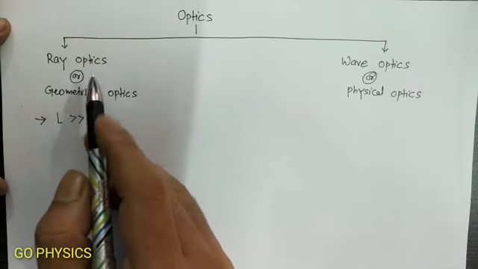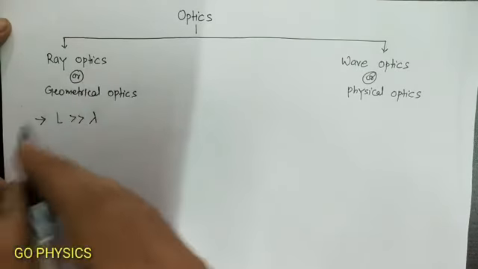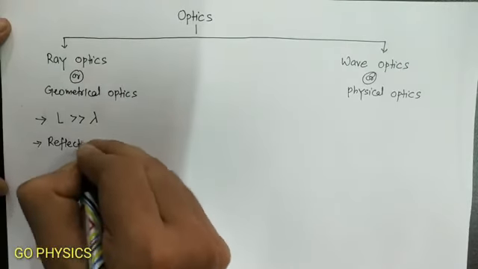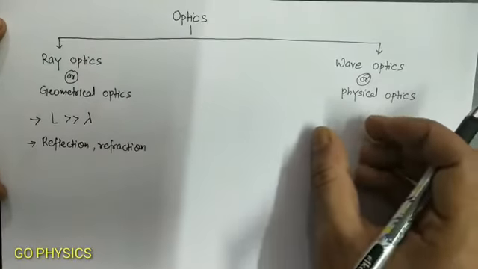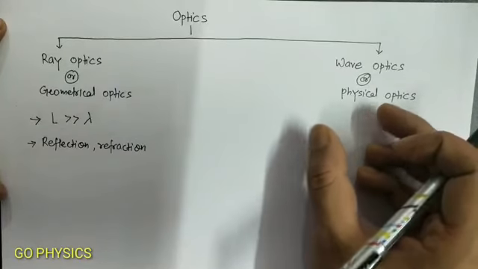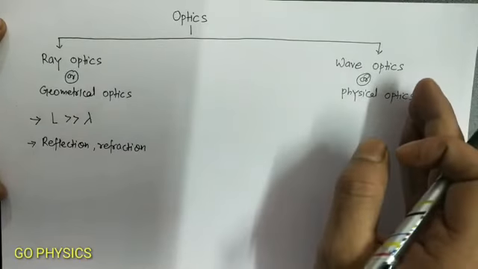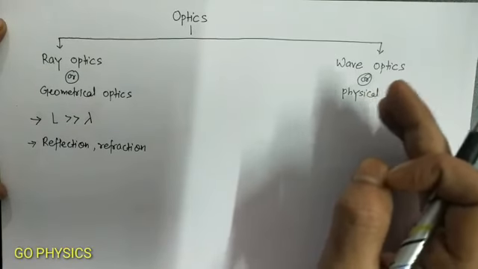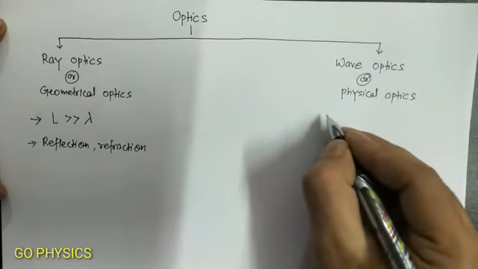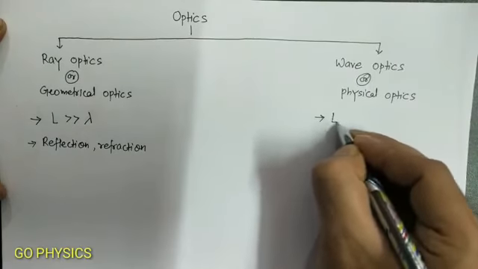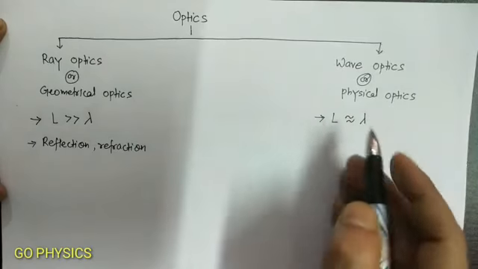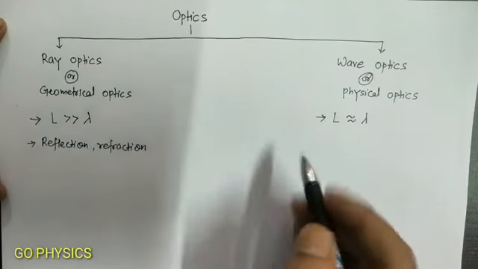In ray optics, we study phenomena like reflection and refraction of light. While in wave optics, dimensions of objects like slits, holes, etc. are comparable to the wavelength of light. And what is the wavelength of light?